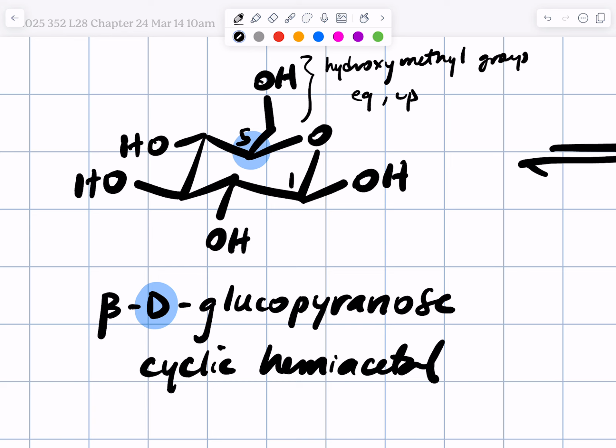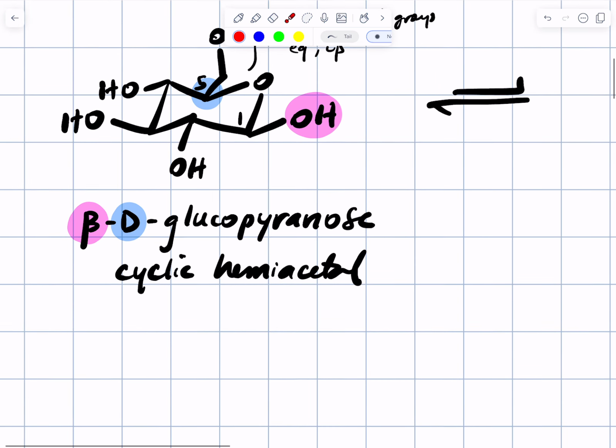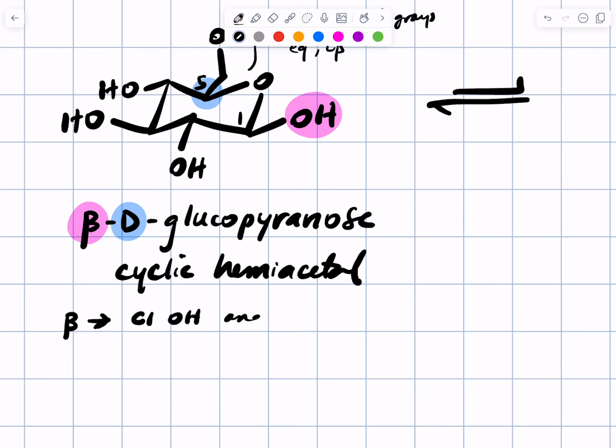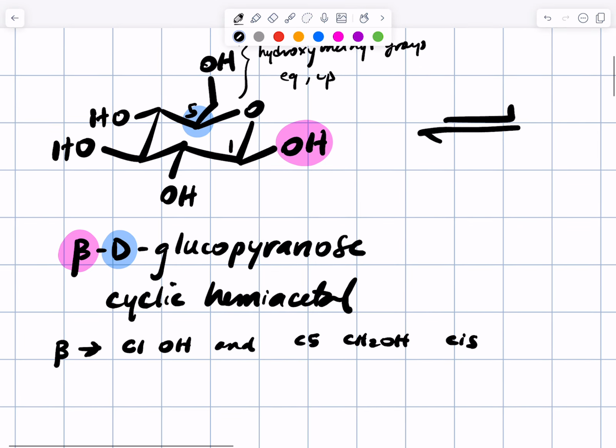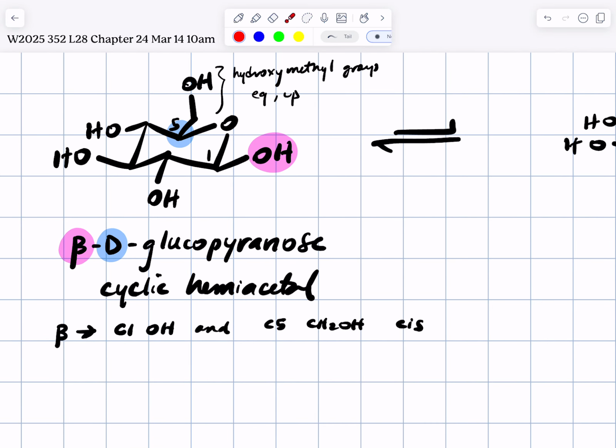Okay, what does the beta mean? This is a little bit tricky. When drawn this way with the C5 group equatorial up, beta means that this C1 hydroxy is also equatorial up. Another way of saying this is that beta means that the C1 hydroxy and the C5 hydroxymethyl are cis to each other. Okay? So beta refers to the stereochemical configuration of atom 1.